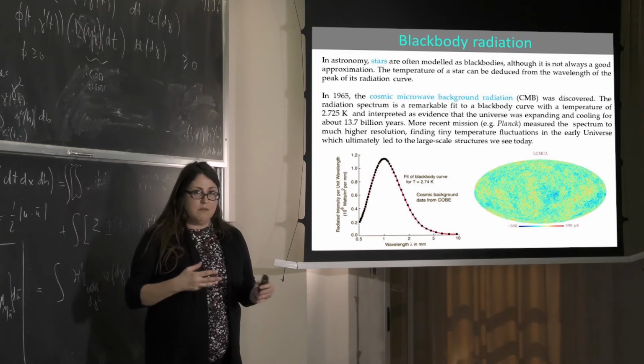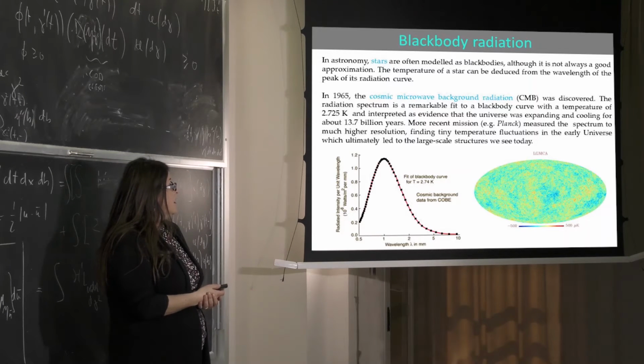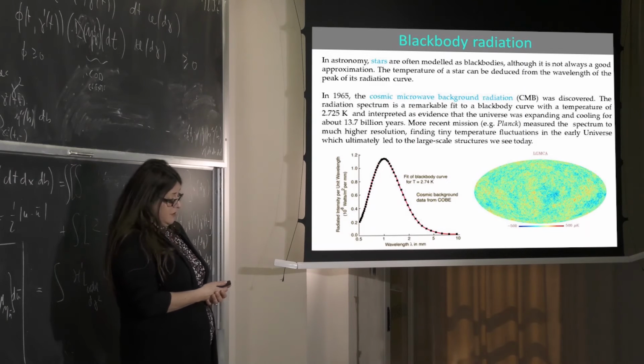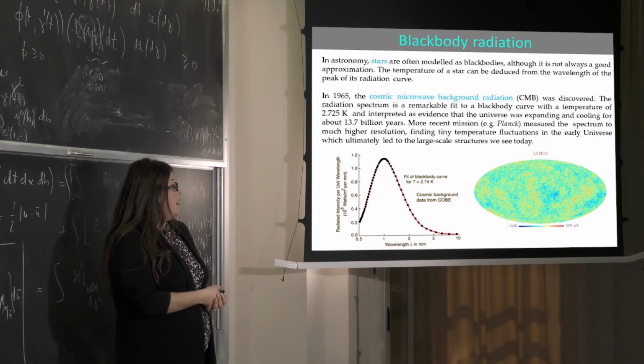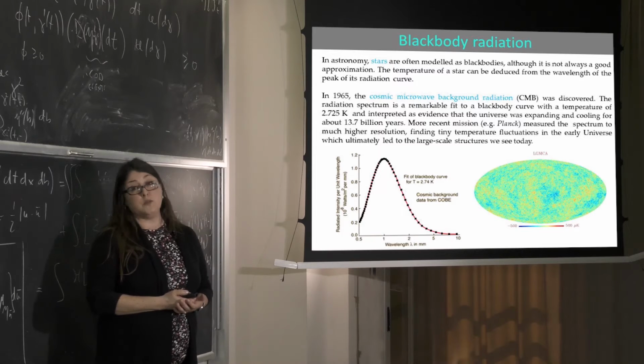Actually, the most recent measurements of it discovered very tiny temperature fluctuations in the early universe. These fluctuations that you can see, for example, in this map, are actually the seeds of the large-scale structure that we observe today.